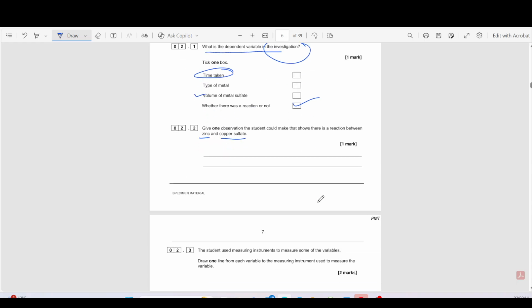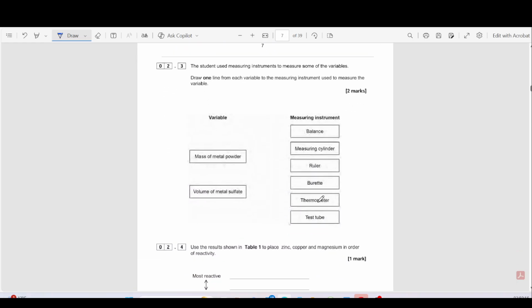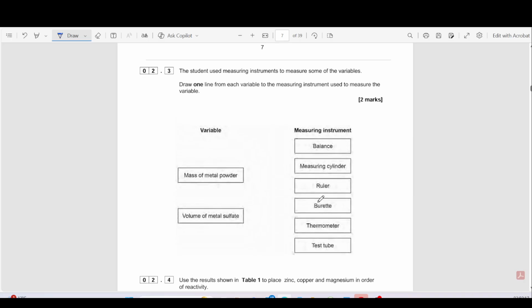So yeah, next question. The student used measuring instruments to measure some of the variables. Draw a line from each variable to the measuring instrument used to measure the variable. The variables are the mass of metal powder and the volume of metal sulfate.